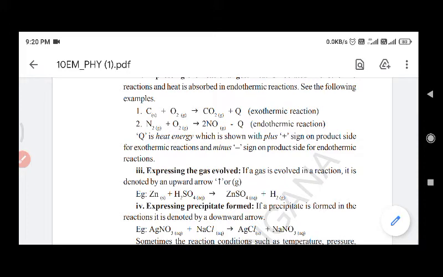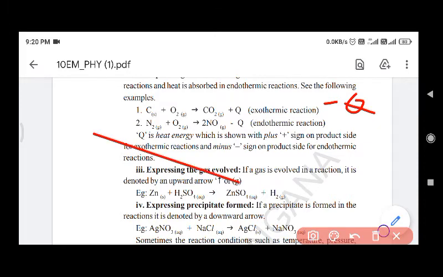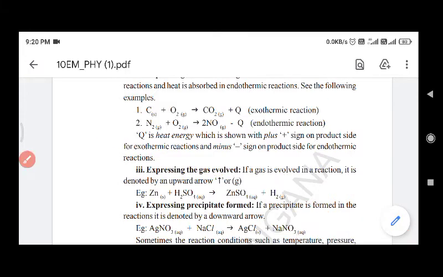Plus Q at the product side or minus Q at the reactant side represents exothermic. Minus Q at the product side and plus Q at the reactant side is endothermic.